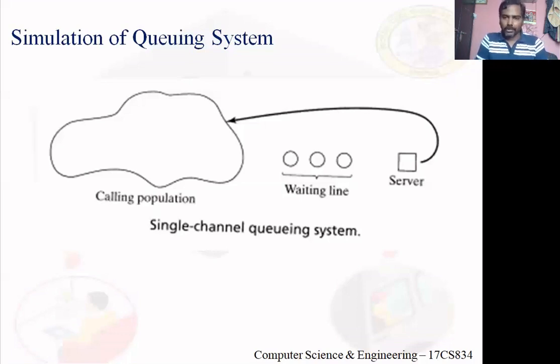Now what happens? Let me say the customer is being served by the server and finishes his service. As soon as the customer gets his service finished, what will he do? He will depart from the bank. He will leave the server and go out of the bank.